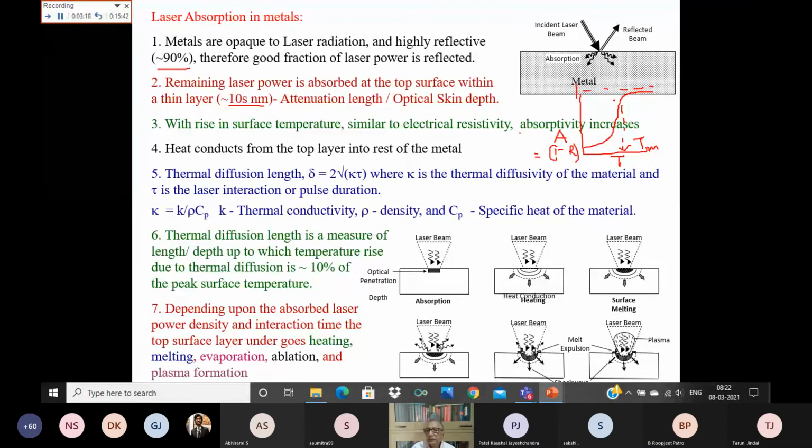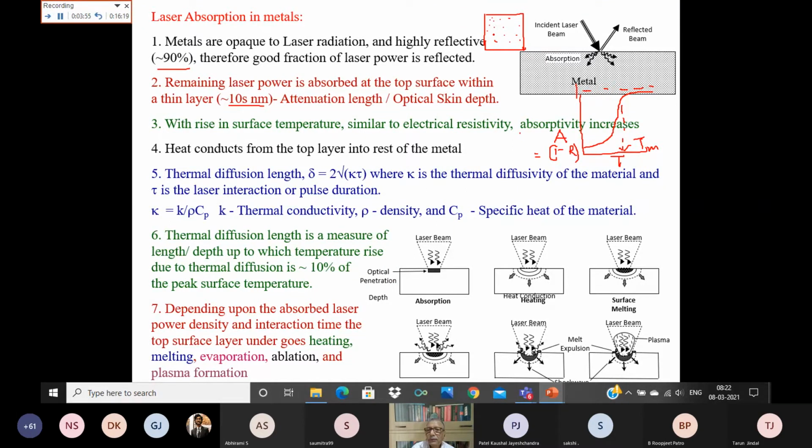This is mainly because in metal, or in any material, the absorption takes place because the laser beam gets absorbed by electrons. In a metal you have a lot of ions in the form of the crystal lattice, and a lot of electrons revolving around them.